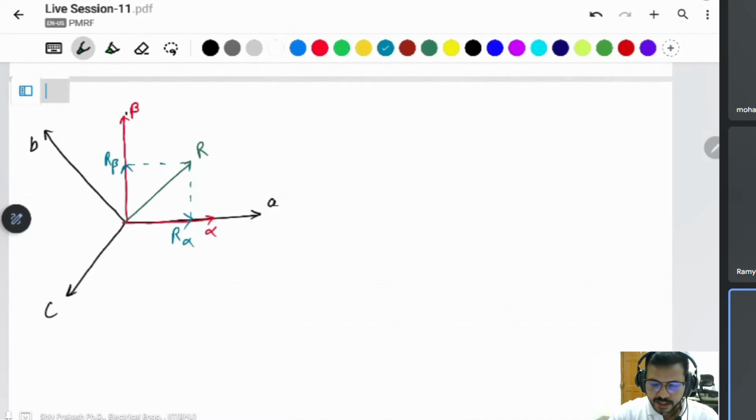Then we have a simple AC system. Suppose in this case you want to calculate the magnitude of R reference with respect to A, B and C, then how can you represent this?